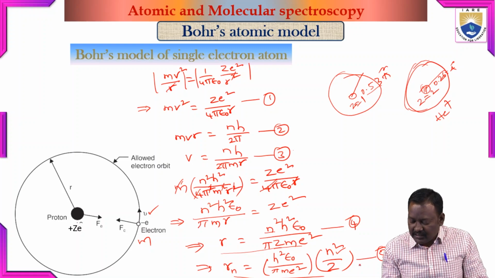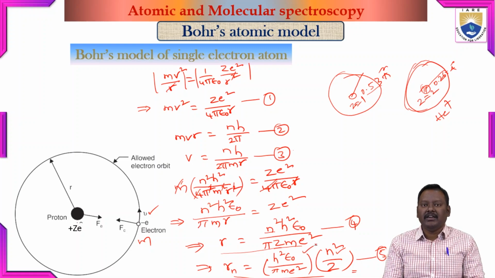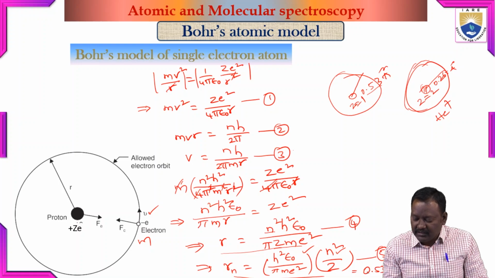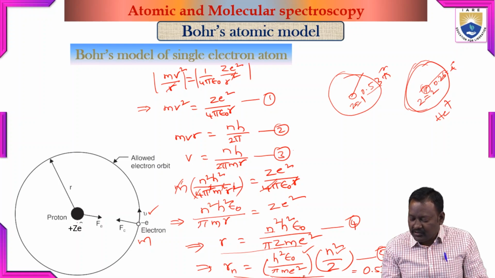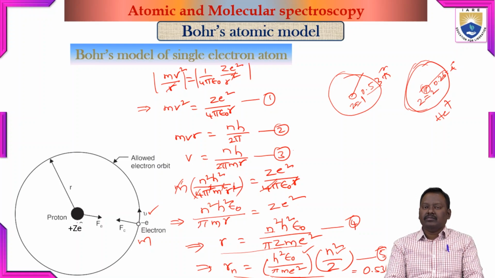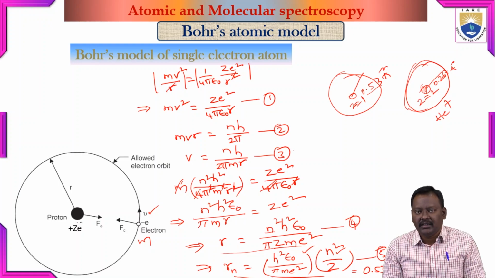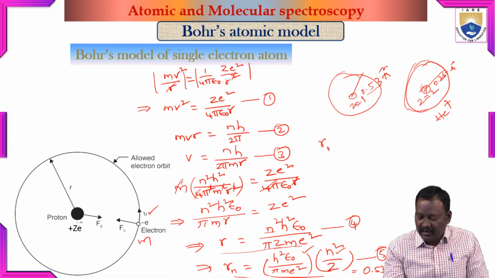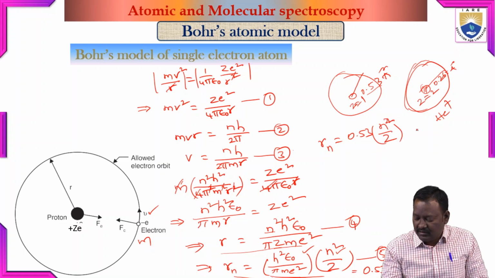After substituting all the constant values, which we already calculated, it is given as 0.53 into n square by Z angstrom. So if you want to find the radius of any orbit for any single electron atom, we can say Rn equals 0.53 into n square by Z angstrom.